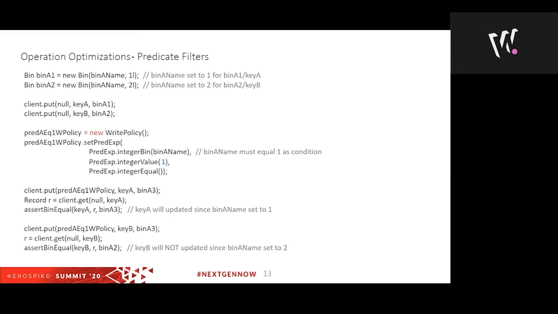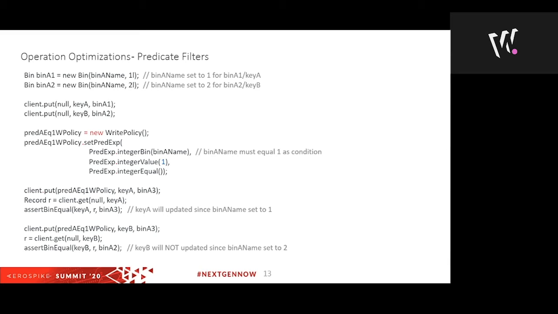So how do we test this? At the very beginning, in the first 4 lines, we're initializing the bin values and putting them into the respective keys. For key A and bin A1, the bin value is set to 1, and for key B and bin A2, the bin value is set to 2. At the bottom, we run the test to put an updated value to the key A and key B records, using the policy we defined above with the predicate filter.